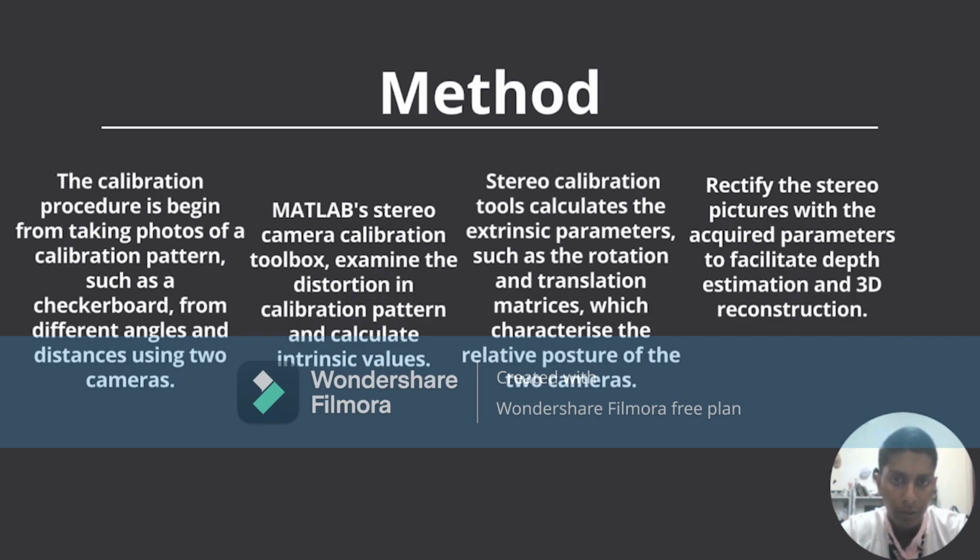Then MATLAB's stereo camera calibration toolbox examines the distortion in those photos and calculates the intrinsic values. Next, the stereo calibration tools calculate the extrinsic parameters such as the rotation and translation matrices, which characterize the relative posture of the two cameras.